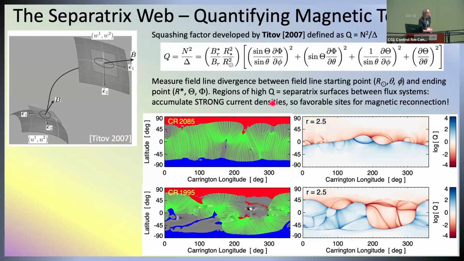And he said, okay, I'm going to take a magnetic field line and trace it, but I'm not going to do just that. I'm going to take a whole locus of points around the beginning of that magnetic field line, and I'm going to track the shape of that locus of points as my model field line goes through the atmosphere.